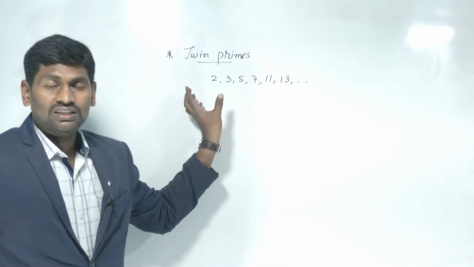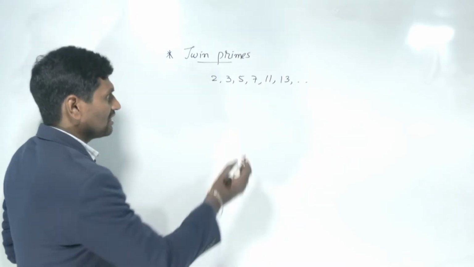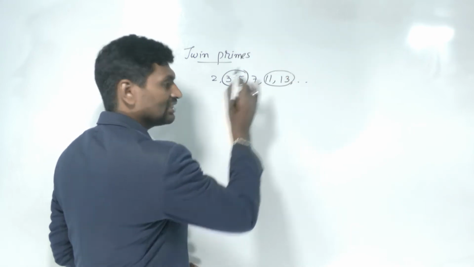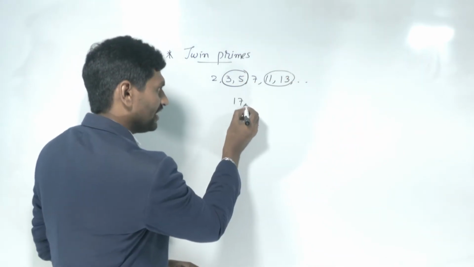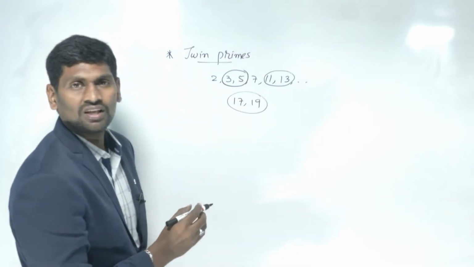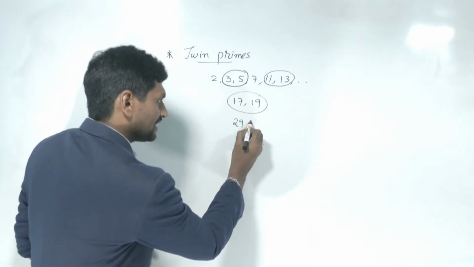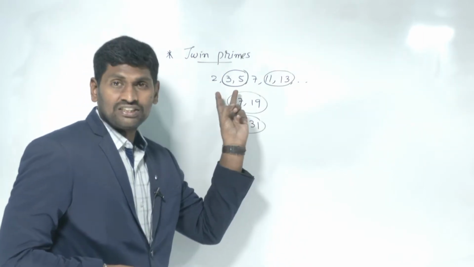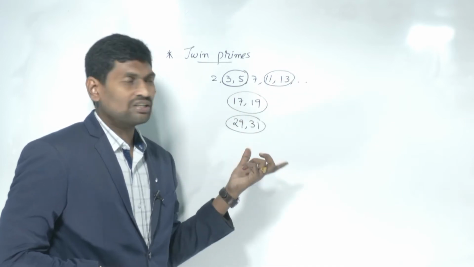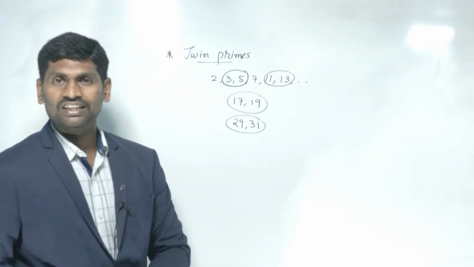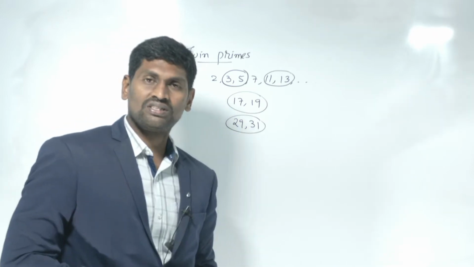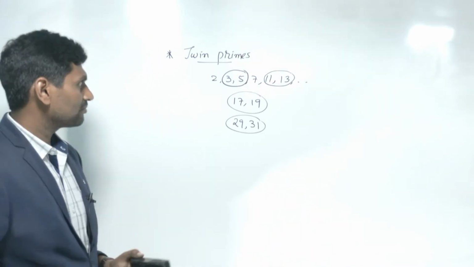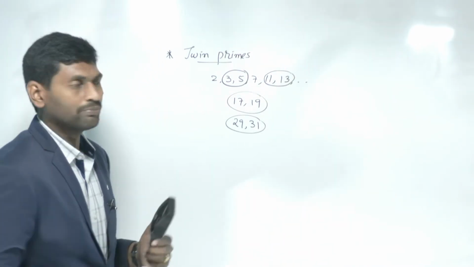In that, if you observe some prime numbers like 3 and 5, 11 and 13, 17 and 19, 29, 31, the difference between the numbers in each pair is 2. This type of primes are called twin primes.